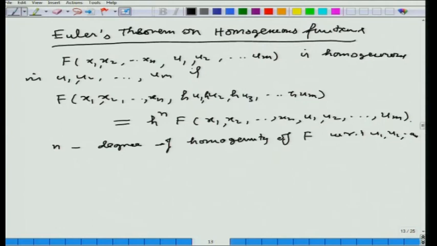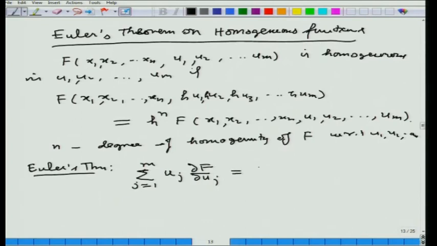So, for such a function, Euler's theorem states that the summation of u_j ∂f/∂u_j, j going from 1 to m, is actually equal to n times f.